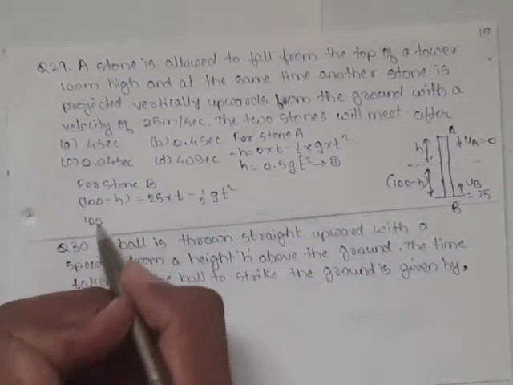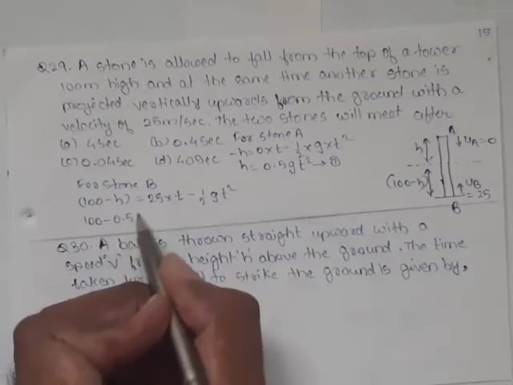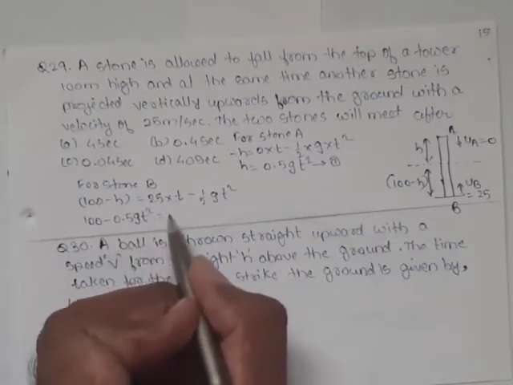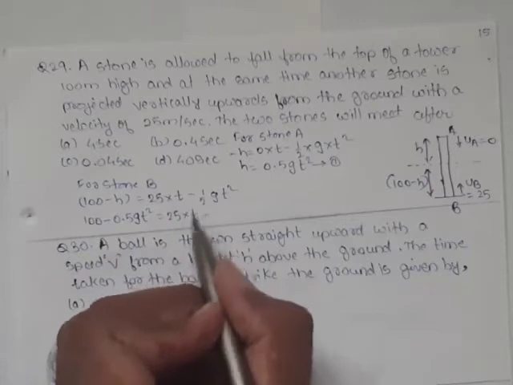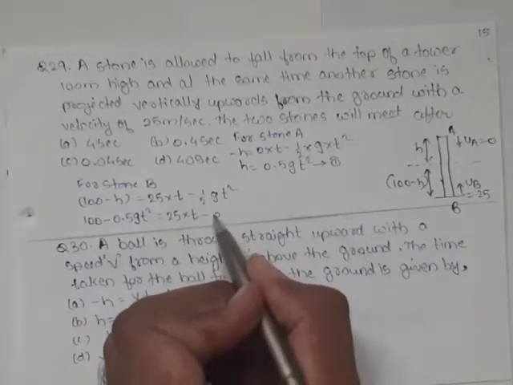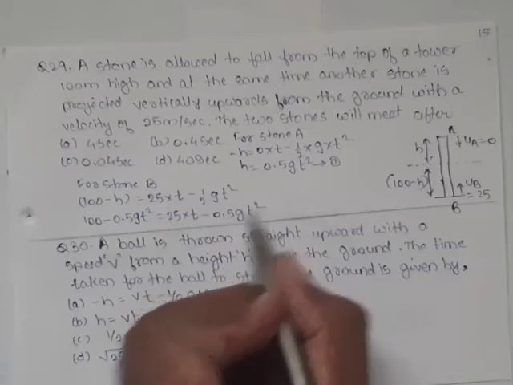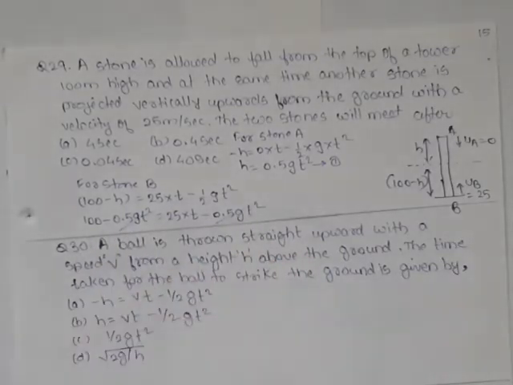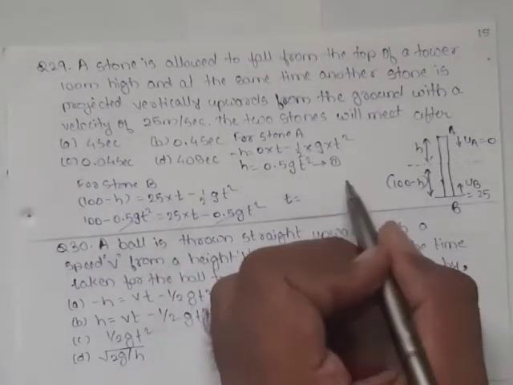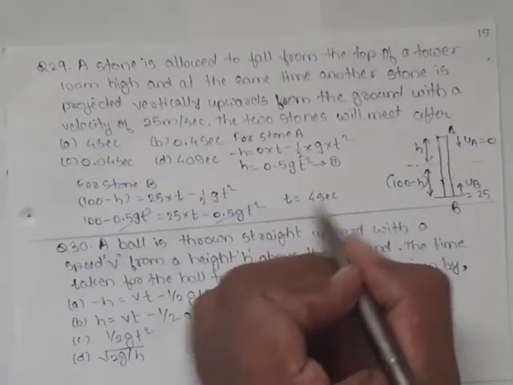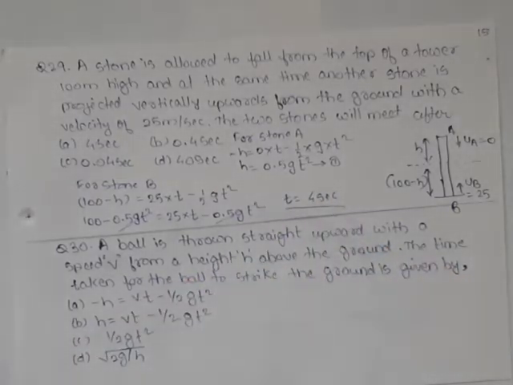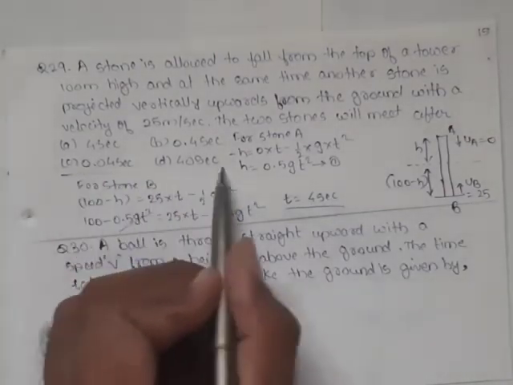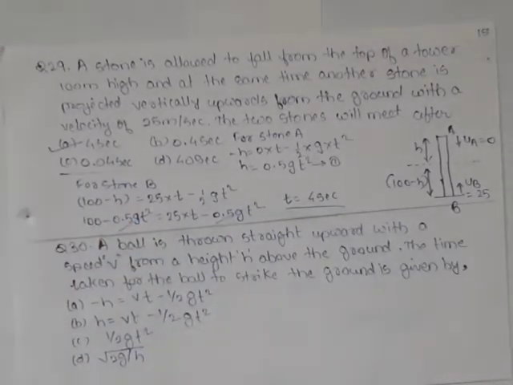It becomes 100 minus 0.5 g t square equal to 25 into t minus 0.5 g t square. The 0.5 g t square terms cancel. Finally, the value of t comes to be 4 seconds. So the stones will meet after 4 seconds. So at the meeting point, the required time is 4 seconds. Out of these 4 options, option A is correct. Now question 30.